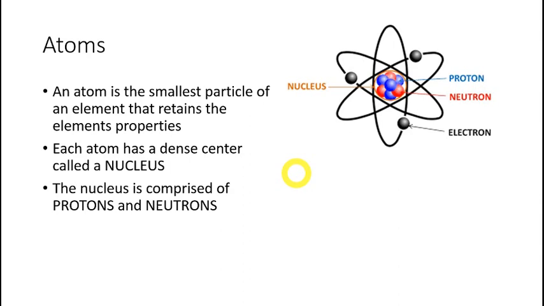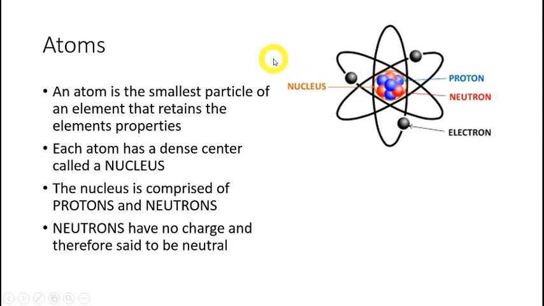That nucleus is comprised of both protons and neutrons, okay, and they are held together tightly and in the center of this atom. The neutrons have no charge at all, and therefore they're called neutral.